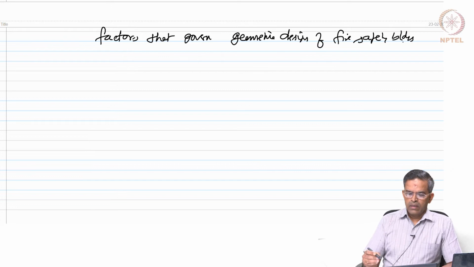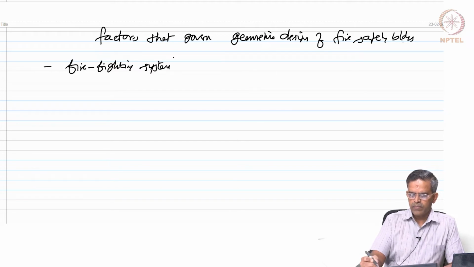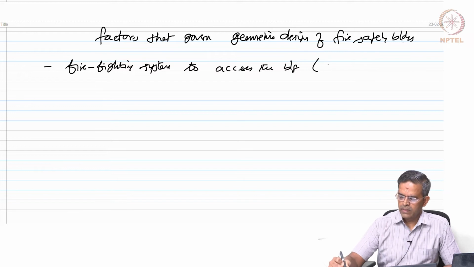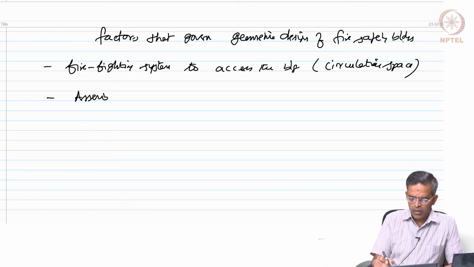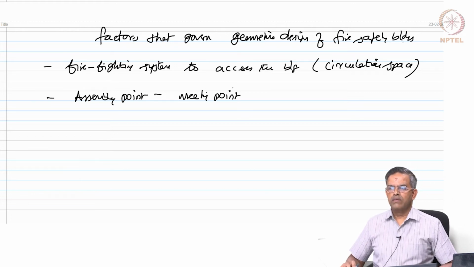Okay. The first one is the firefighting system to access the building. That is, the building should have enough circulation space around the building. The building should have something called a common assembly point, which is also otherwise called as meeting point, which should be known to all the occupants of the building.